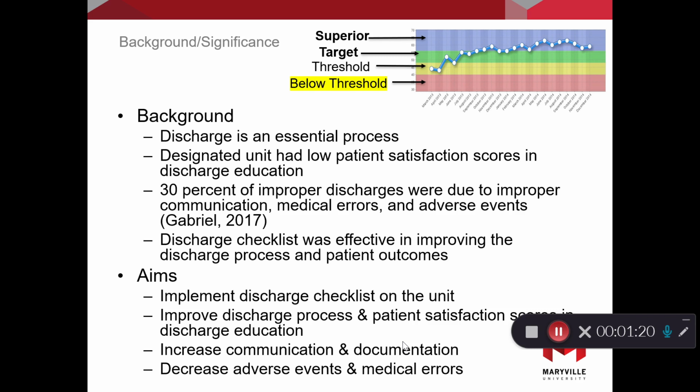This diagram is a legend, and it represents how we quantify and organize our discharge satisfaction scores. We organize it based on color and categories, based on the ranges of the patient satisfaction scores. The first category is below threshold, in red, and these scores range from 74% and below.